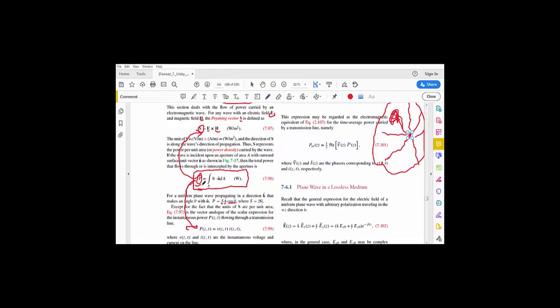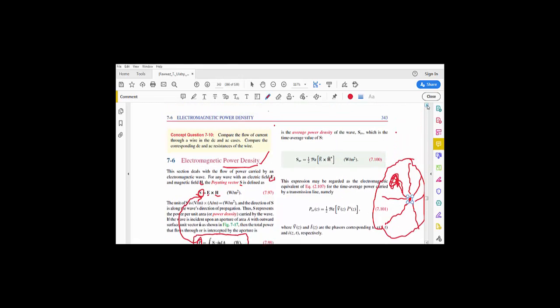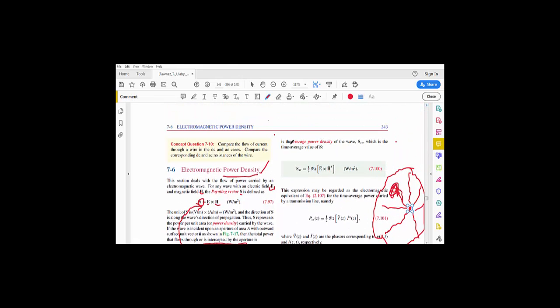So if we need to specify a certain value for the power density or for the power, of course we need to deal with the average, because this quantity varies with time.